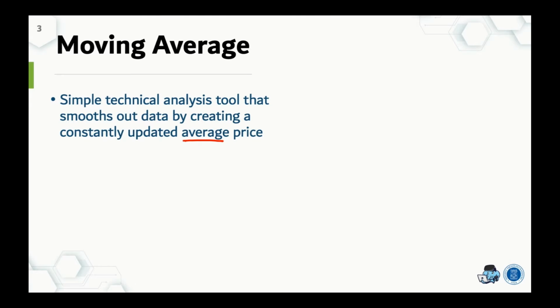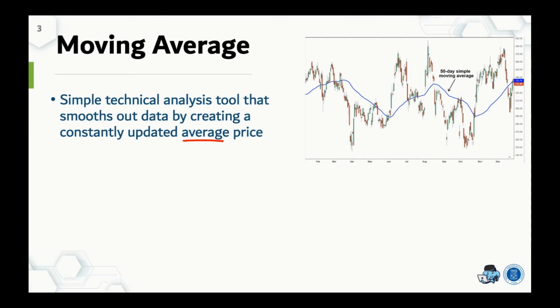Now, in the moving average, we average several data points. In this situation, we got this blue line by averaging, for example, the 50 days before.